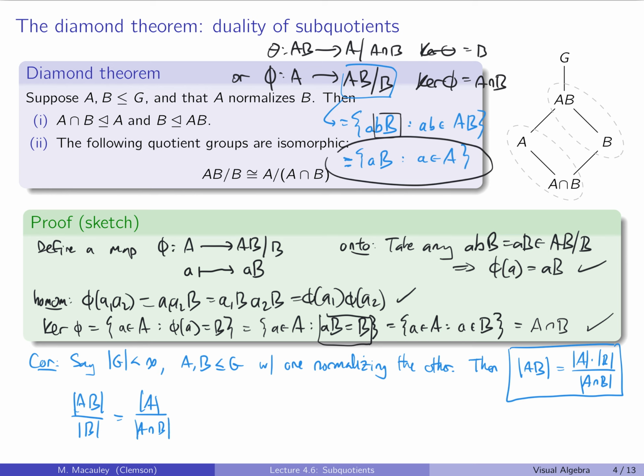Well, if these groups are isomorphic, then this left-hand side is the size of AB mod B, and this right-hand side, I shouldn't say isomorphic, I should say equal, is equal to A mod A intersect B.